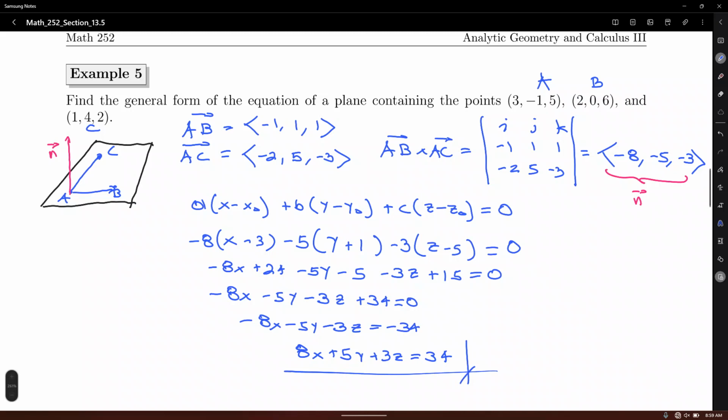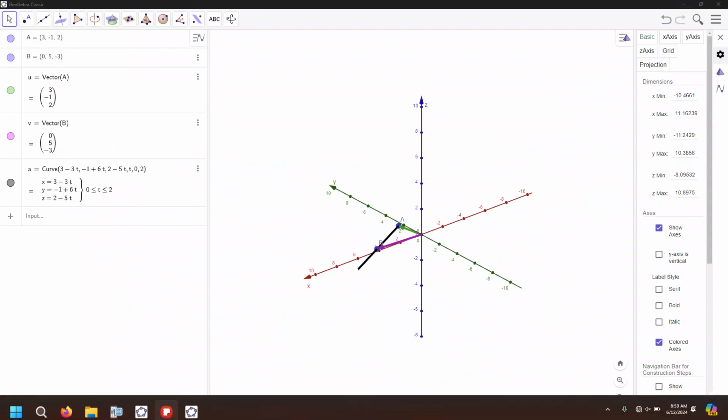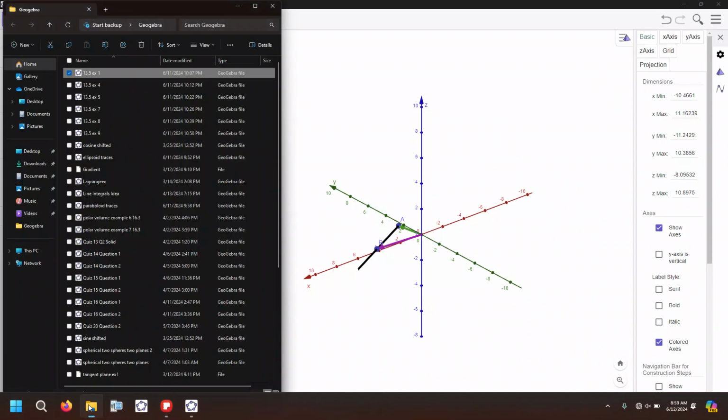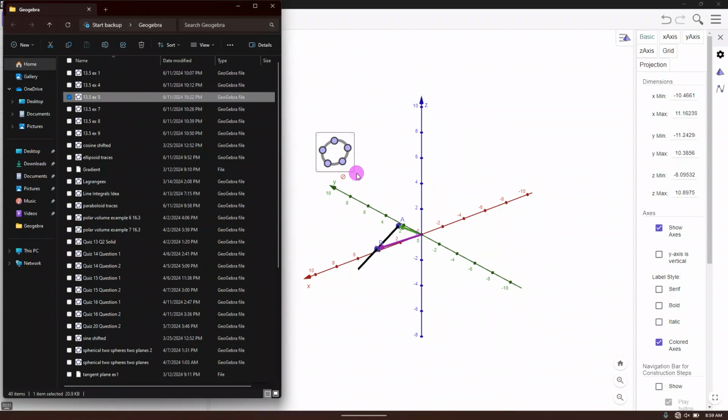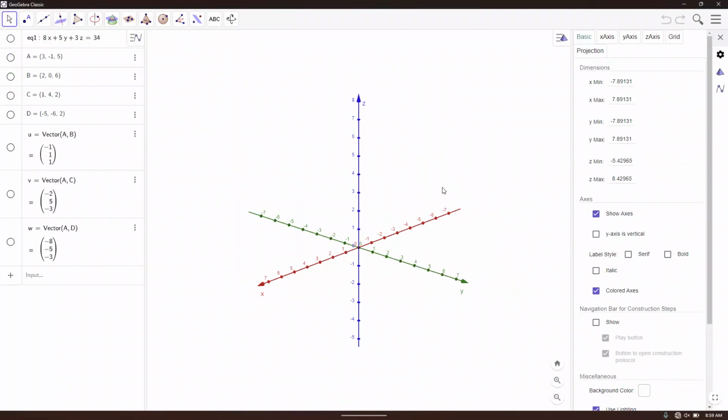Of course, how about we visualize this in GeoGebra? Okay, that's example number 5, I think. Yep. So what do we have? We have 3 points, right?